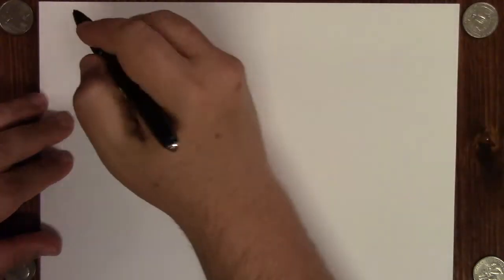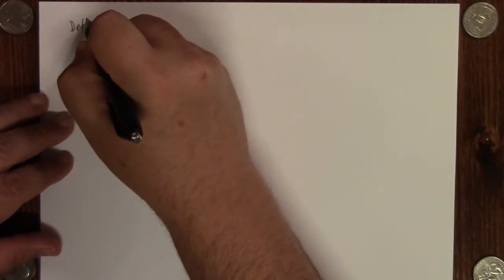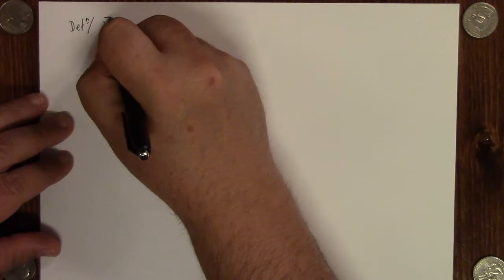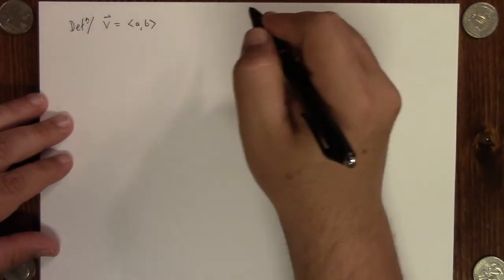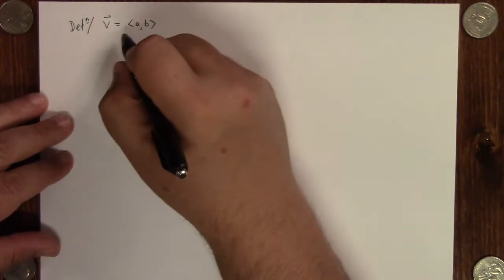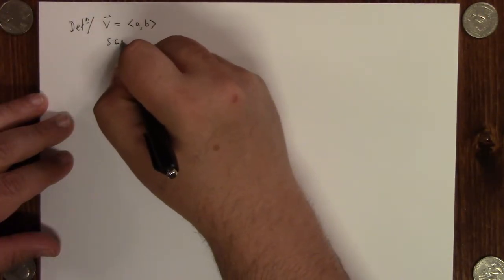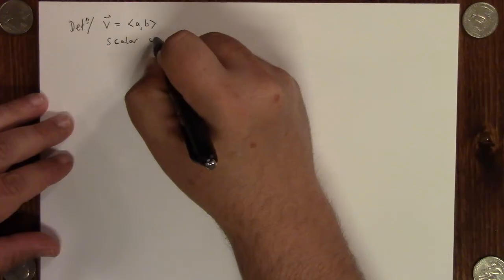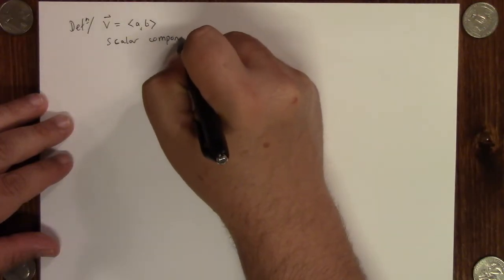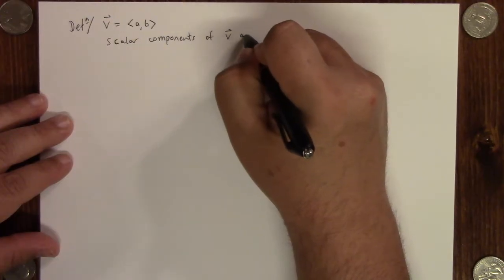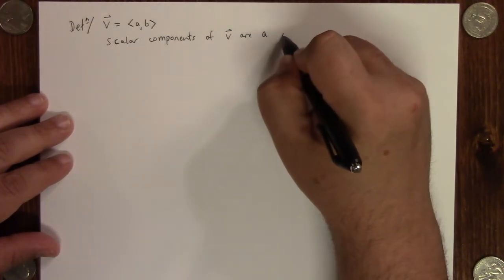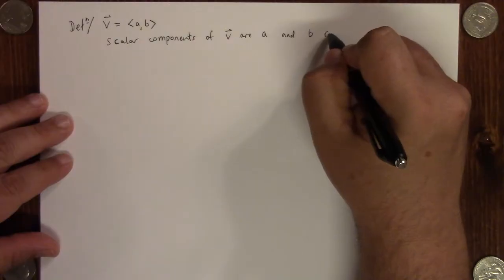Before I do that, though, let me just say a word or two about components. Definition: if we have a vector in the plane, let's say (a, b), then the scalar components of the vector are a and b respectively.